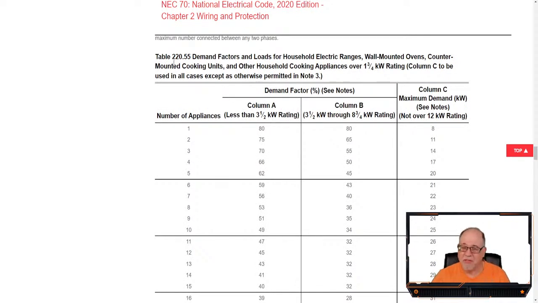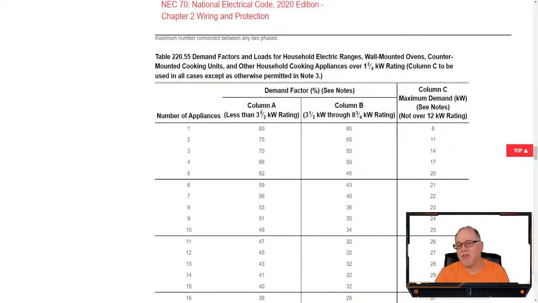The table says, Table 220.55, demand factors and loads for household electric ranges, wall-mounted ovens, counter-mounted cooking units, and other household cooking appliances that are over 1 3/4 kW rating. Then it has this all-powerful parenthesis. It says, column C to be used in all cases, except as otherwise permitted in Note 3.